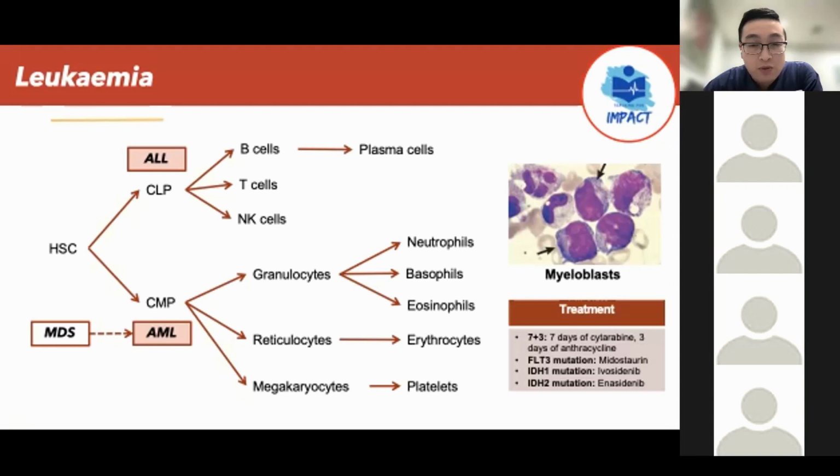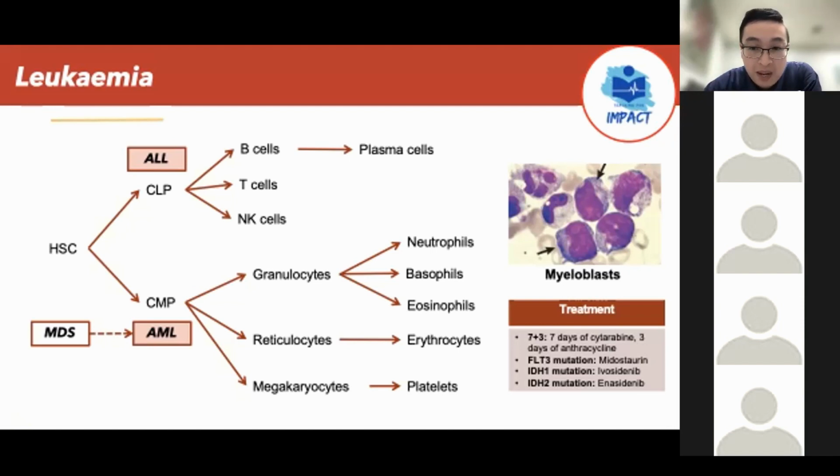And I guess before we move on from AML, there's one subtype of AML that I think deserves special mention. Prior to 2001, we now all use the WHO classification for hematologic malignancies, but prior to 2001, AML was classified using a system called the French American British classification system, or the FAB classification system.